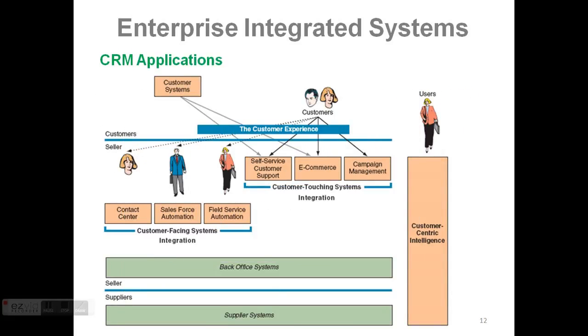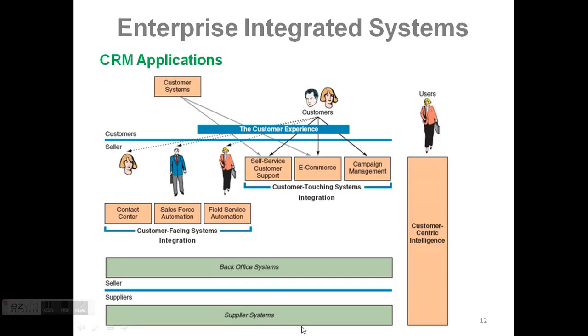CRMs are used almost everywhere throughout the organization. Customer services, users, customer-centric intelligence in both back-end and front-end. And also there are CRMs that enable us to connect to our suppliers.